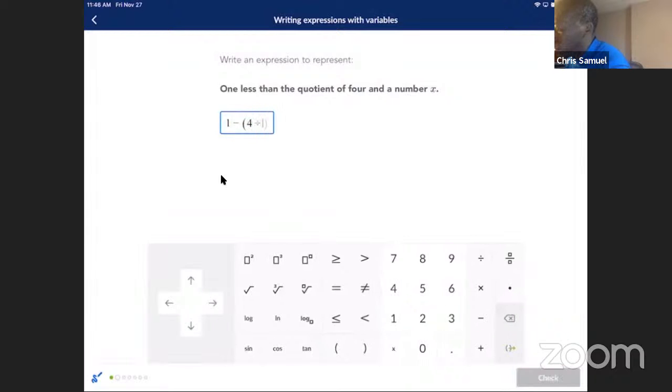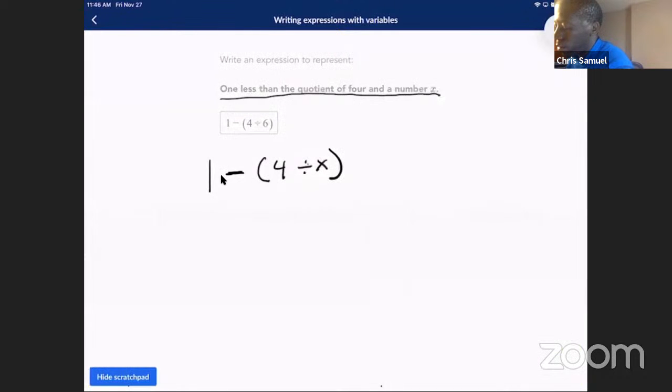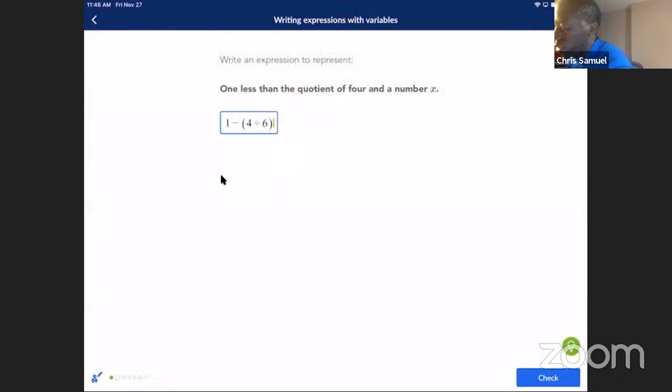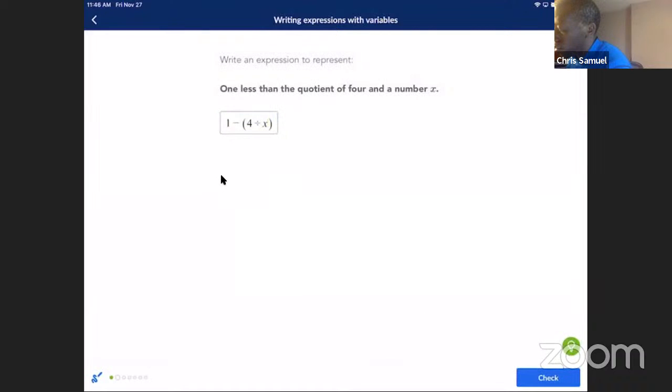Whoops, I'm hitting the wrong key. So that's what we would do. So it has 1 less than the quotient of 4 and a number x.